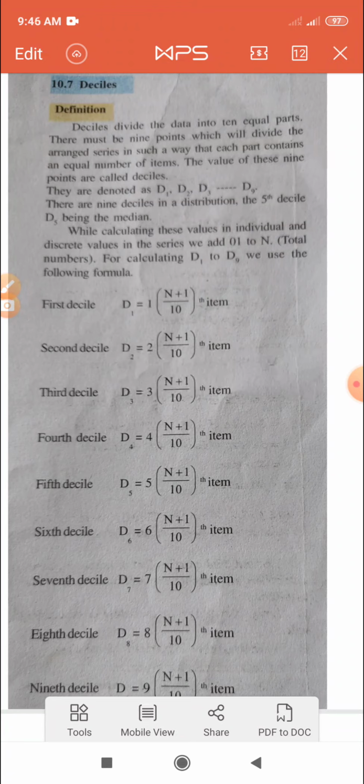So the next partitioning value is deciles. Deciles divide the data into 10 equal parts.